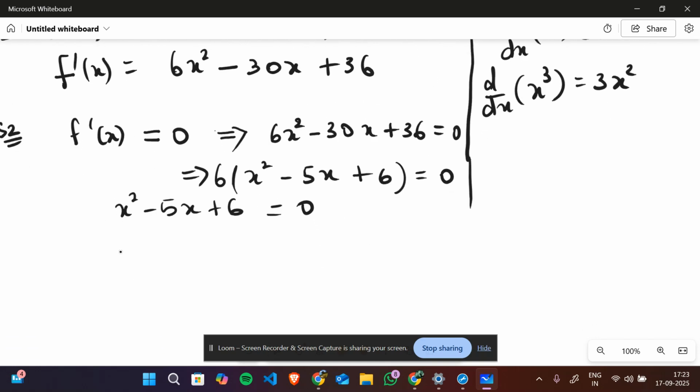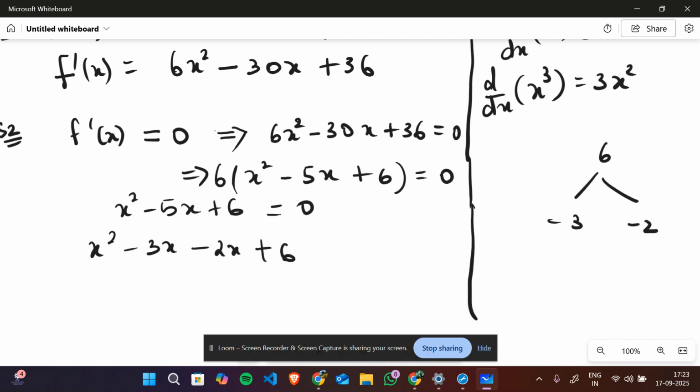That is x into x minus 3, minus 2 into x minus 3, is 0. That is x minus 3 into x minus 2 equal to 0. Therefore, the values of x are 3 and 2. So x equal to 3 or x equal to 2 are the critical points.